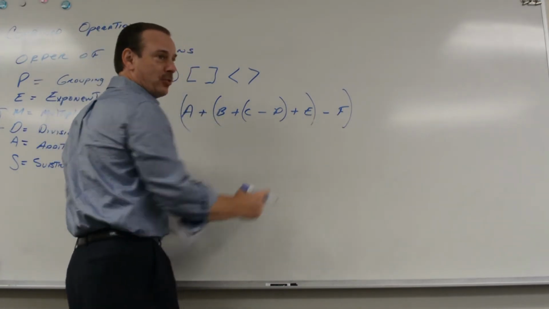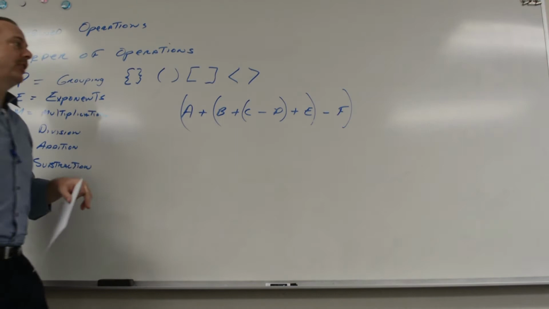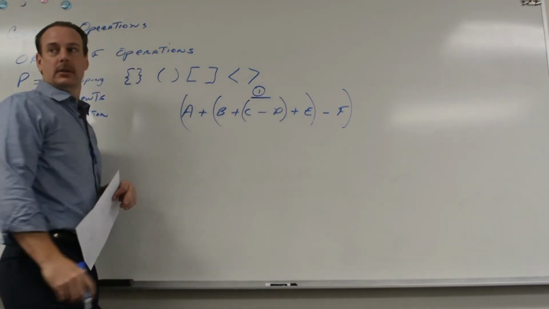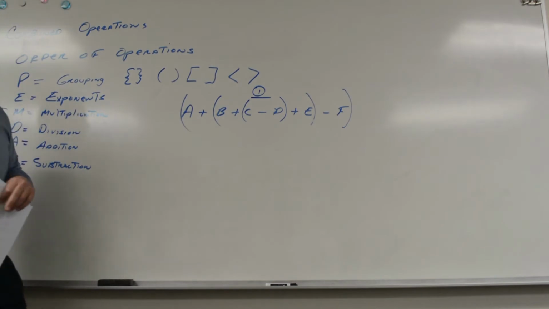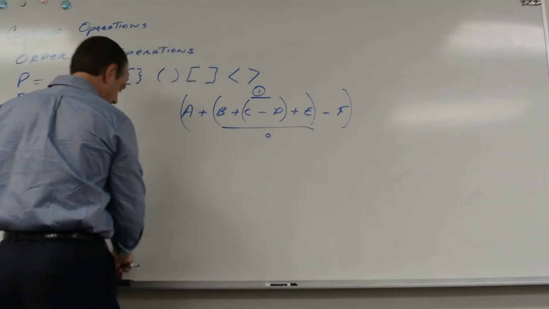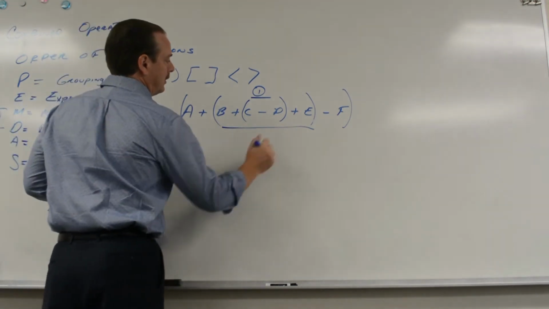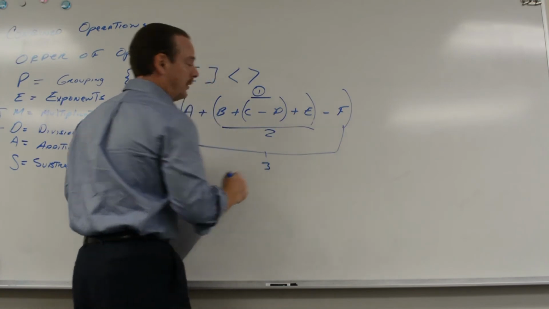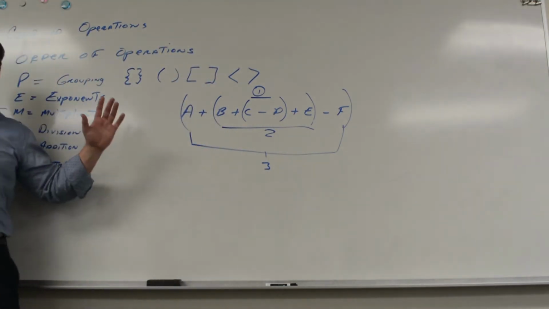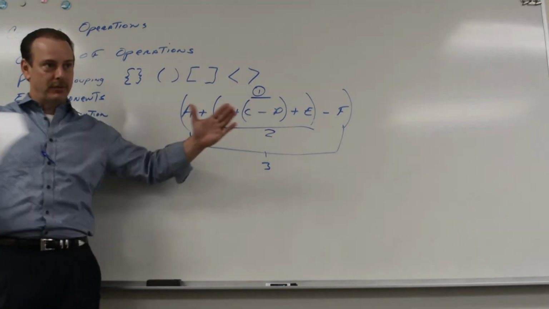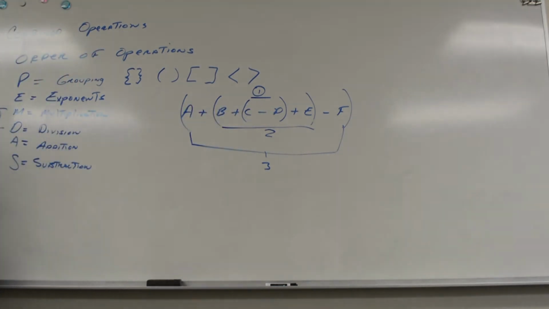Well, we've got groupings within groupings, so you go to the innermost grouping, this one here, and this would be done first. What's the next grouping? We'll do that one second, and then this grouping here would be done last. So what we do is we work from the inside and work out. The innermost grouping would be first, and then you progressively move out until you eliminate the groupings.